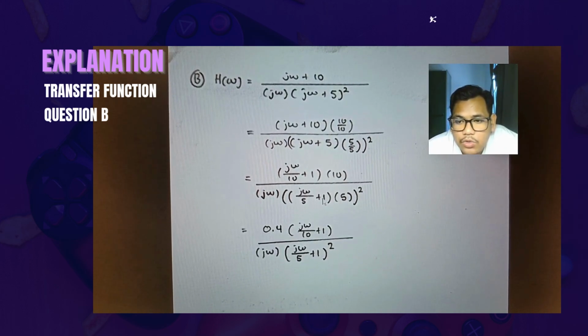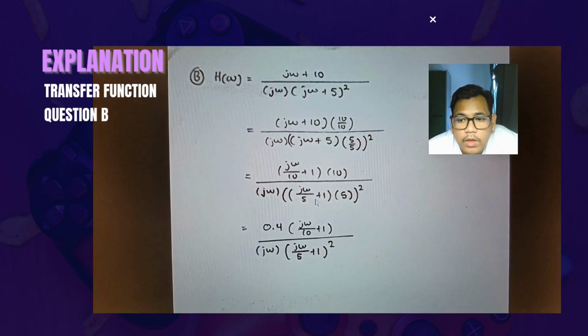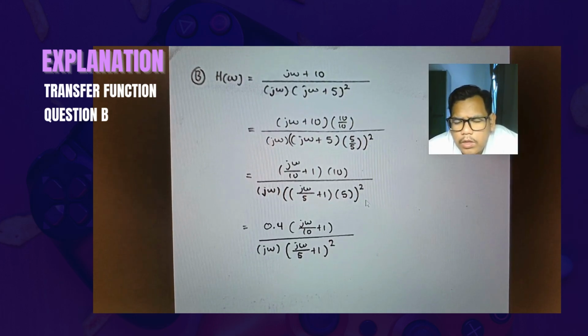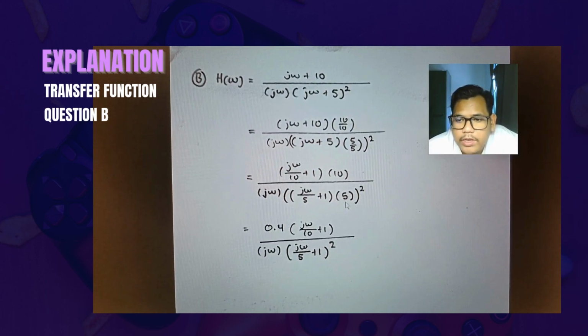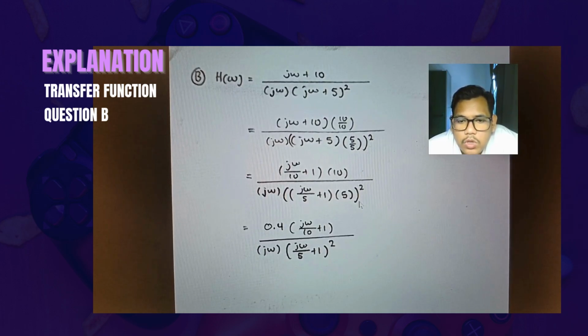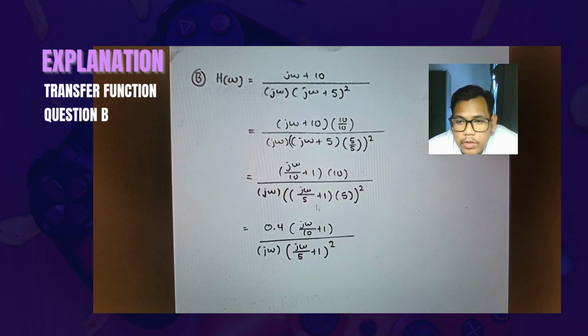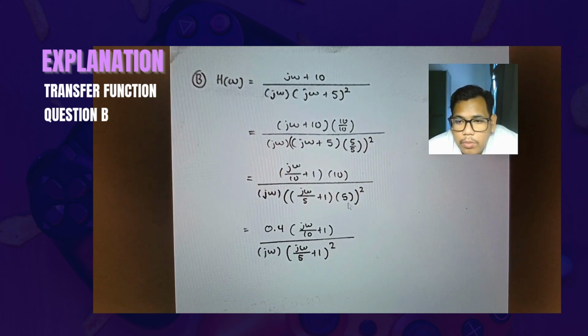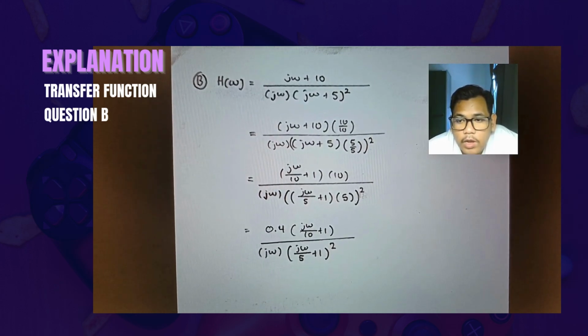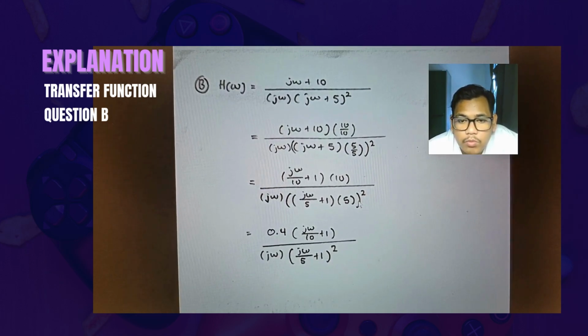Just like that, jω/5 + 1. But since it is squared, we write it to the power of 2: (jω/5 + 1)^2.